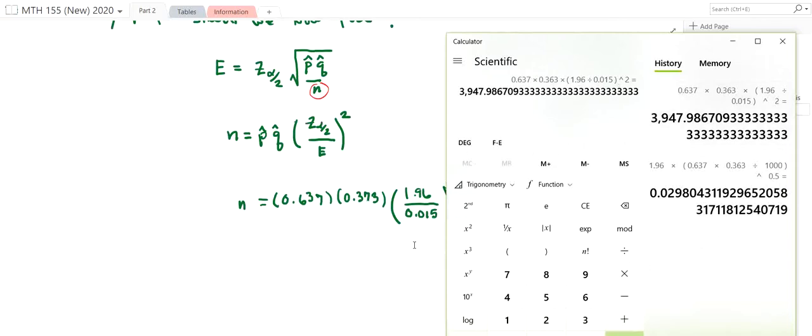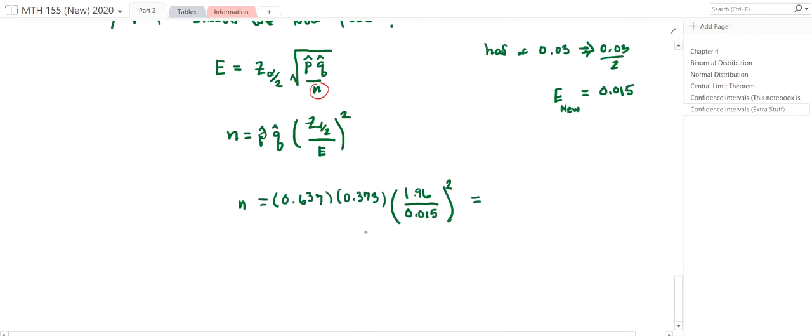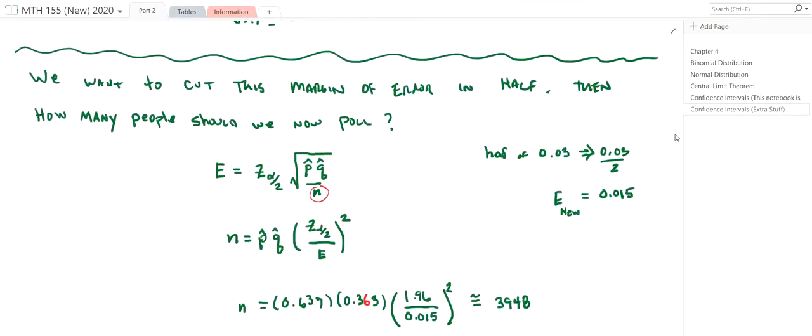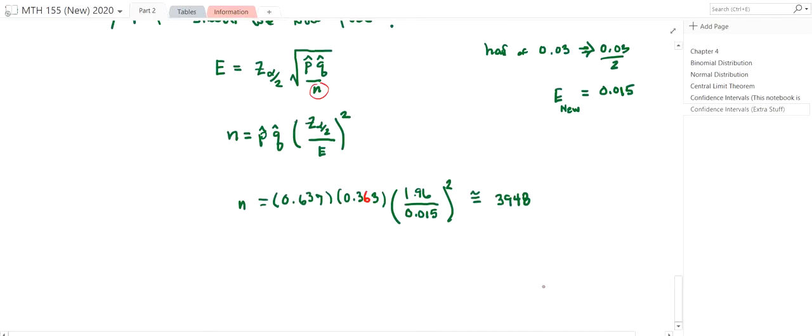I end up with 3947.9, so 3948. So this is approximately 3948. I again corrected the number I wrote down incorrectly. So around 4,000.